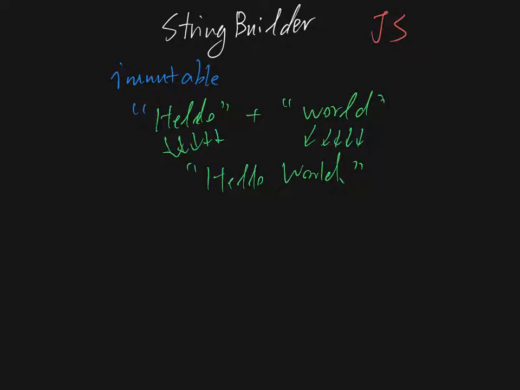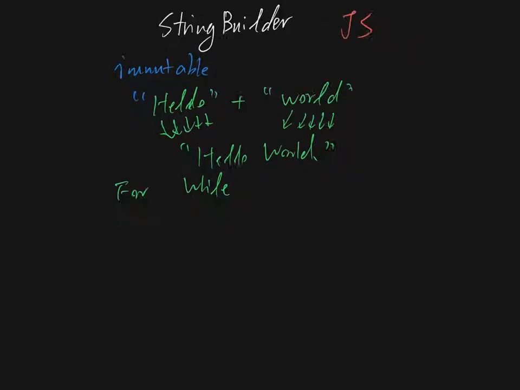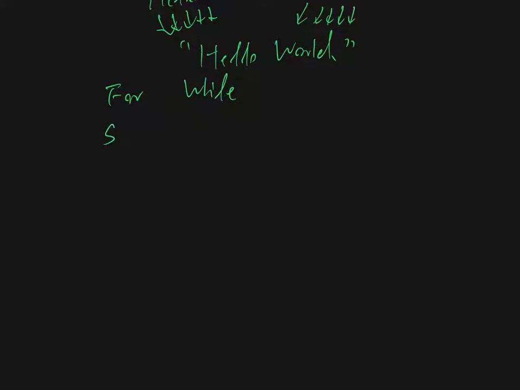That doesn't seem like a very big problem, right? It can be, if you write them in a for loop or a while loop. Say you have a for loop, and a string initialized as an empty string, and you're adding 1 through 100 to that string.